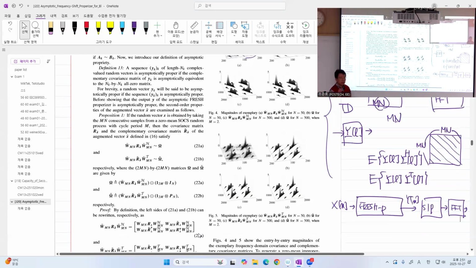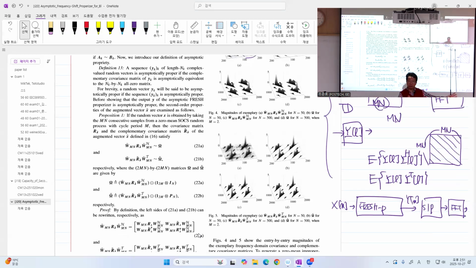So be careful. We have a discrete time random process, and we take a large enough chunk, and then we have a vector that can be claimed as a proper complex random vector asymptotically. Which means that we can ignore the complementary autocorrelation property of that vector because the improper components are almost gone.